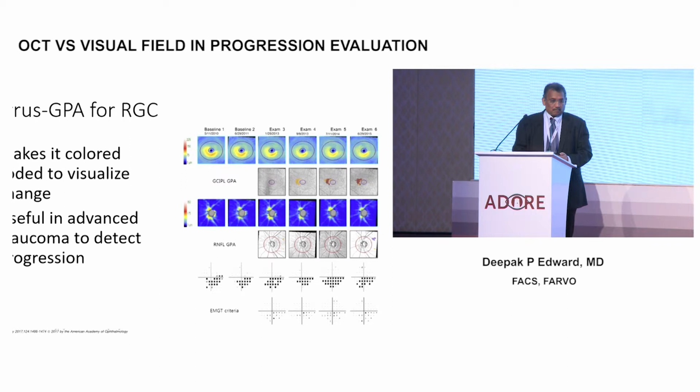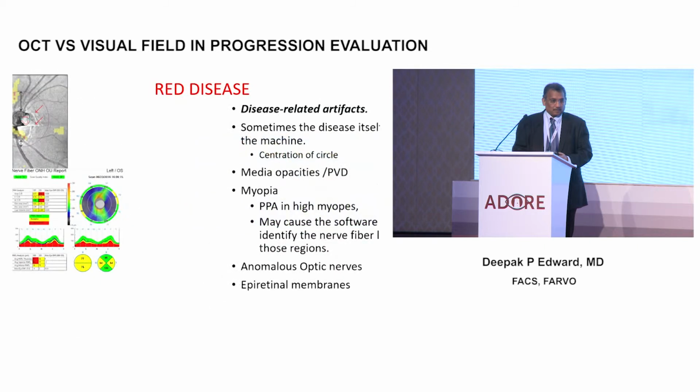As you see in the second panel, you see how the changes are occurring in the macular area and the corresponding visual field changes. So it's a useful tool, especially in patients who have advanced glaucoma, where the RNFL thickness is bottomed out. There's only so much it can get thin. It can go to zero. So macular changes can be useful in the assessment of glaucoma.